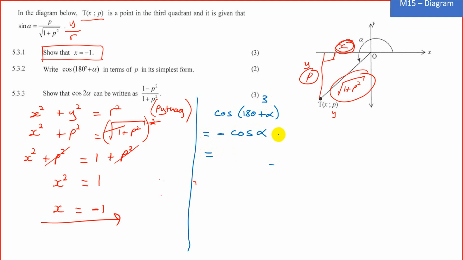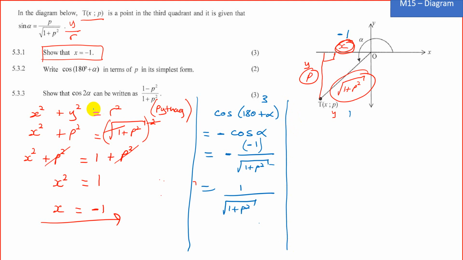And remember, from our diagram, cos is x over r, where x we found to be negative 1, so we're going to use negative 1 over r, and we've worked out our r value to be the root of 1 plus p squared. So a negative and negative will give you a positive, and we get 1 over the root of 1 plus p squared. And that is our answer for 5.3.2.